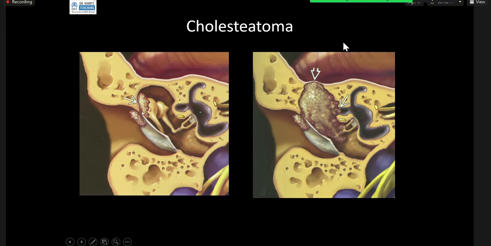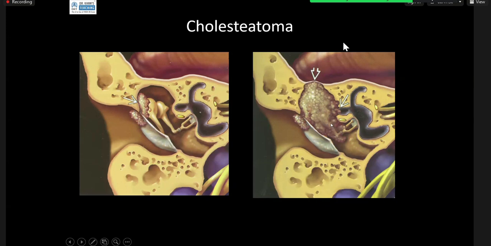Now, this is the anatomy of the Prussak space. This is the head of the malleus and the body of the incus. So the cholesteatoma is sitting here, and this will be visible when an ENT surgeon does otoscopy. They will see it clinically, and then there will be erosion of this bone, which is the scutum.